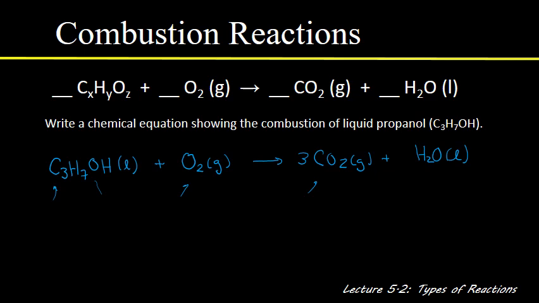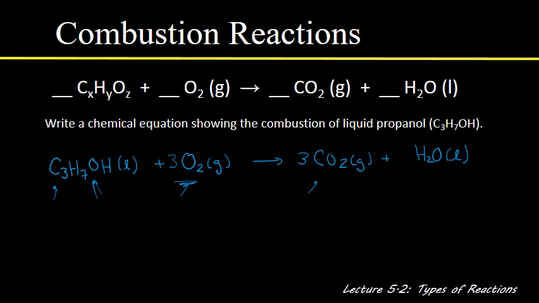That's 3. On the right, we've got 6, and we've got 7. So we need 7 oxygens on the left. We could put a 3 here. That'll give us 6 oxygens here, 1 here. That's 7.